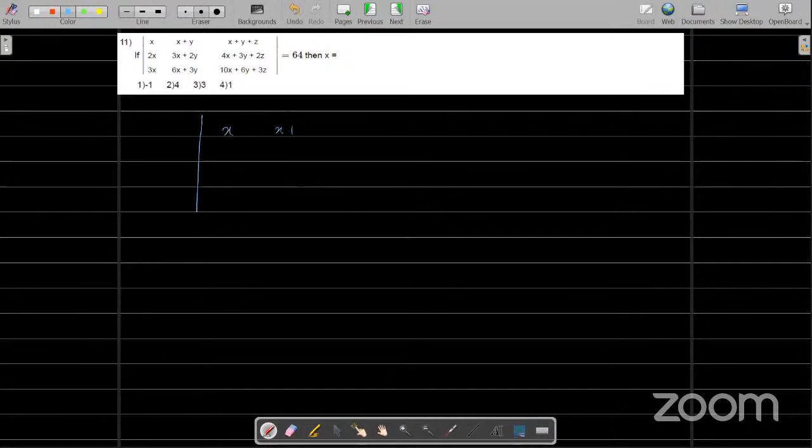So you have x plus y plus z, 2x, 3x plus 2y, 4x plus 3y plus 2z, 3x, 6x plus 3y, 10x plus 6y plus 3z equal to 64, right? So now you can use the row and column operations and then get the corresponding simplified case.